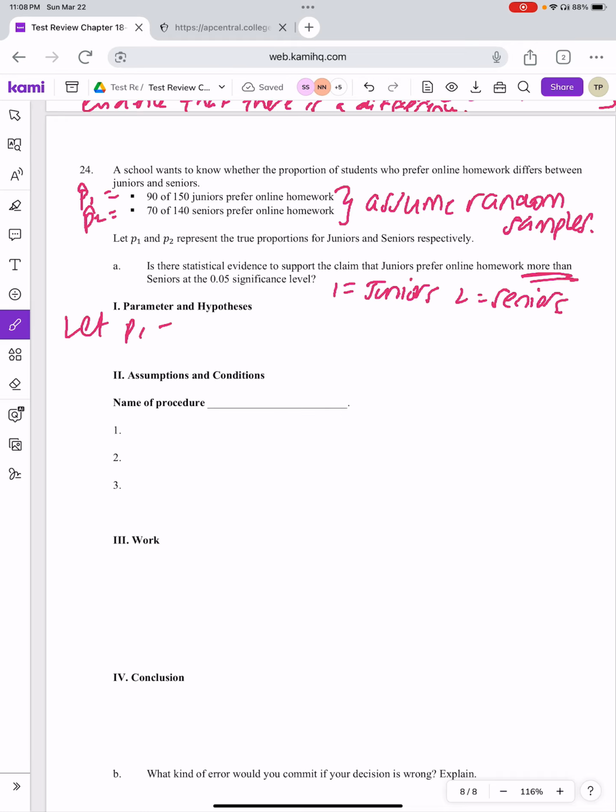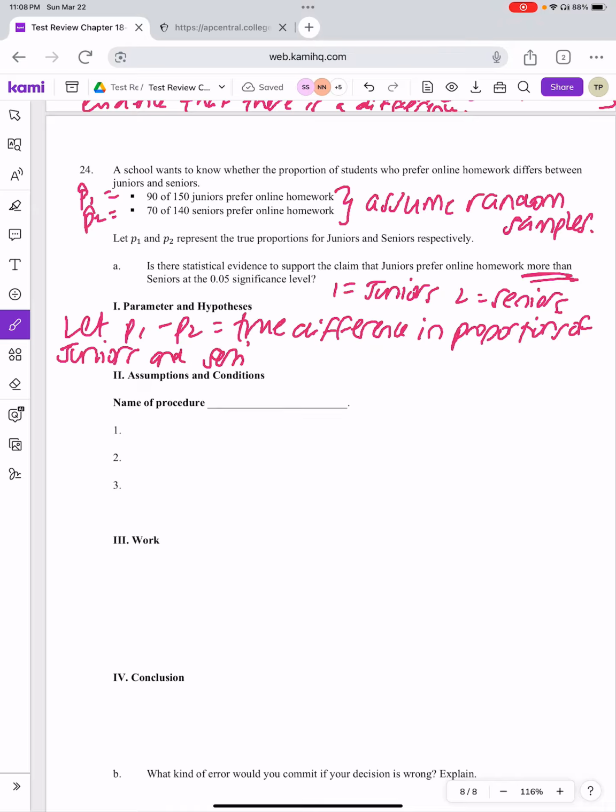But P1 minus P2 equals the true difference in proportions of juniors and seniors preferring online homework.